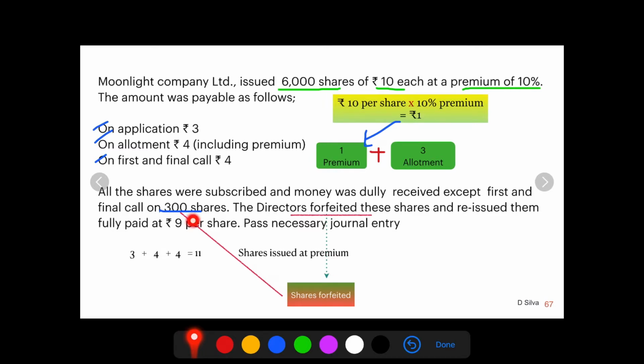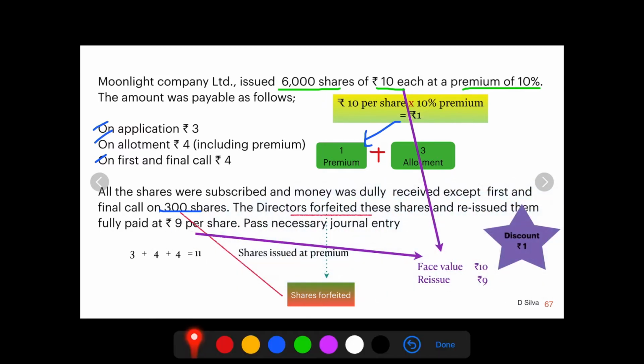How many number of shares? 300 shares on first and final call, and reissued the same shares at rupees 9 per share. So what is the face value? It is 10 rupees. And what is the reissue value? It is 9. That means the share is being reissued at a discount of 1 rupee.